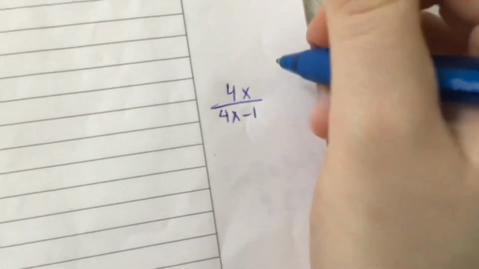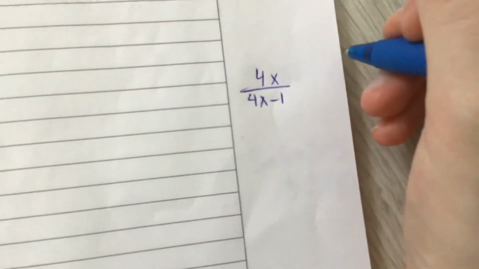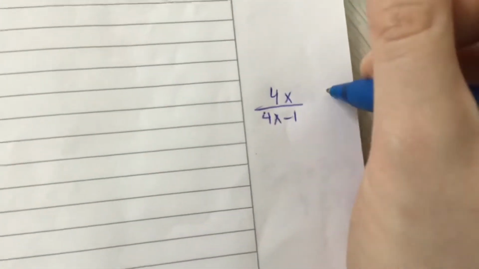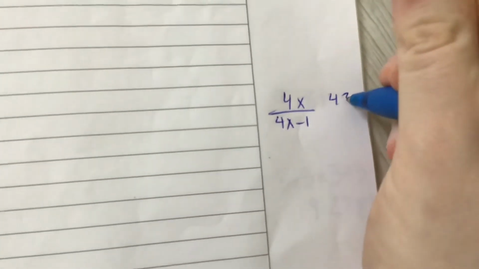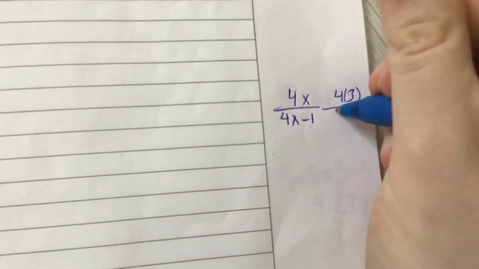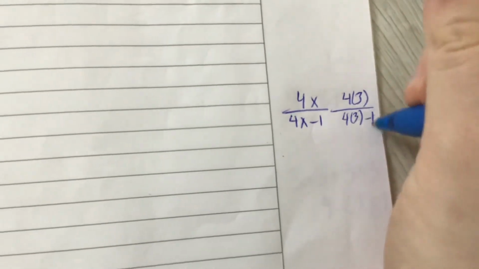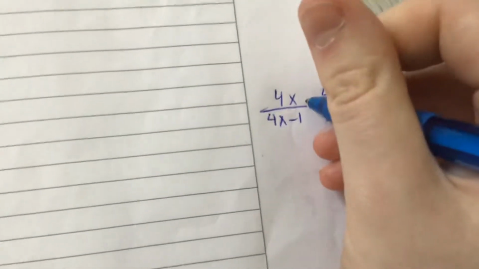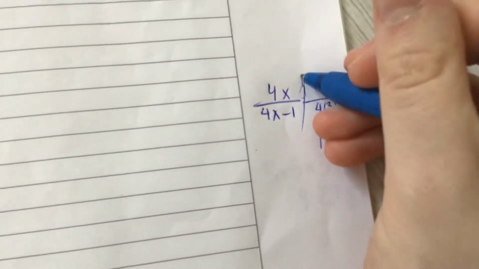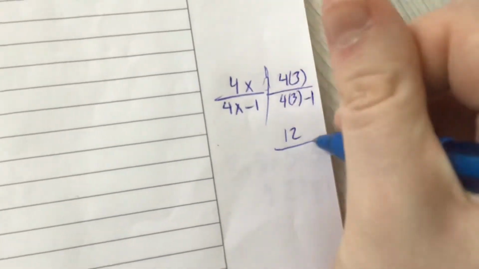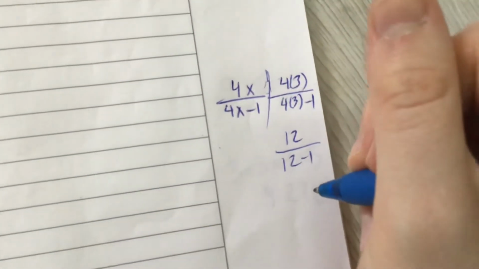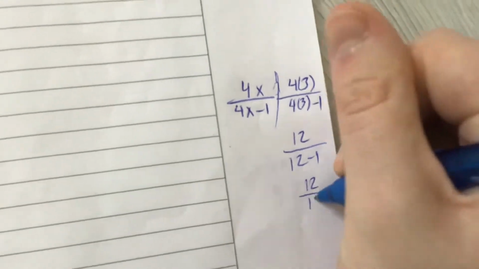Because, let me test this over here. So this would equal, say if I plugged in 3, because 3 is a magical number, we get 12. Sorry, I'm making sure they're separate. 12 over 12 minus 1, which would equal 12 over 11.